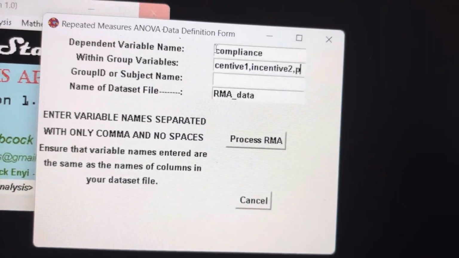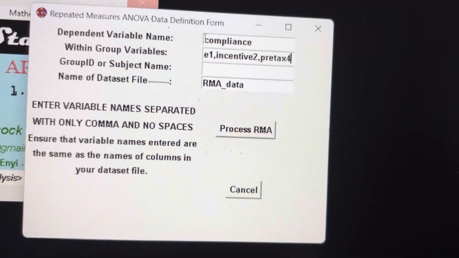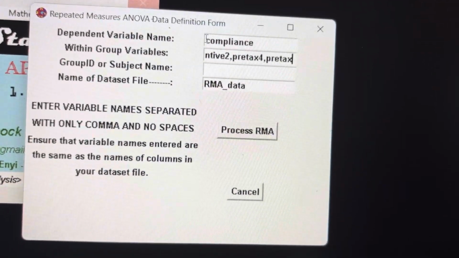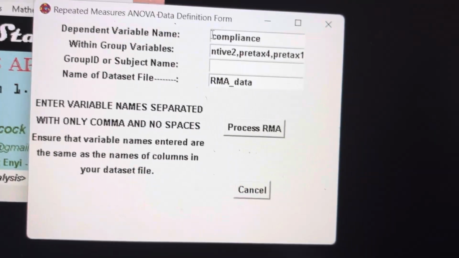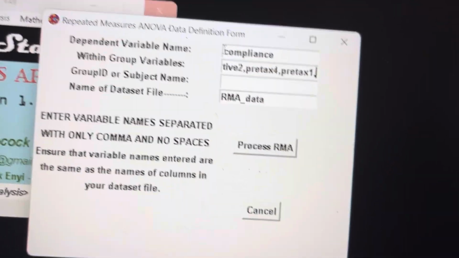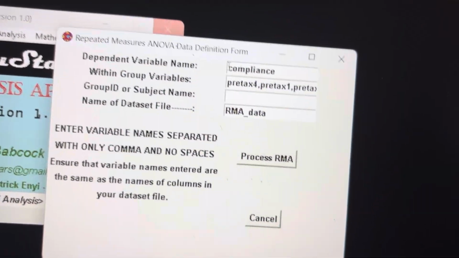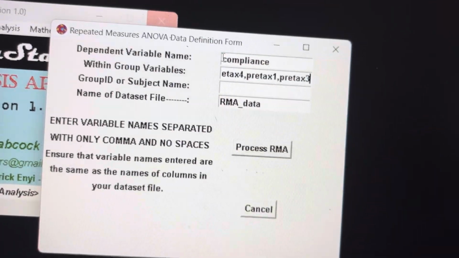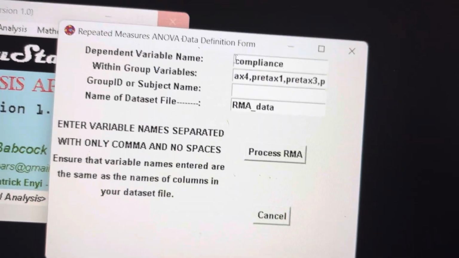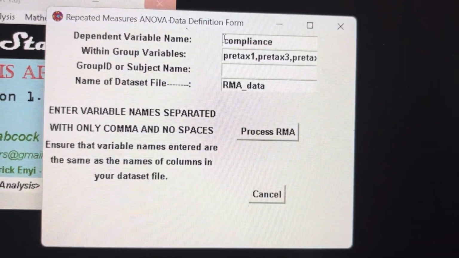Then pre-tax 4, pre-tax 1, pre-tax 3, pre-tax 2.